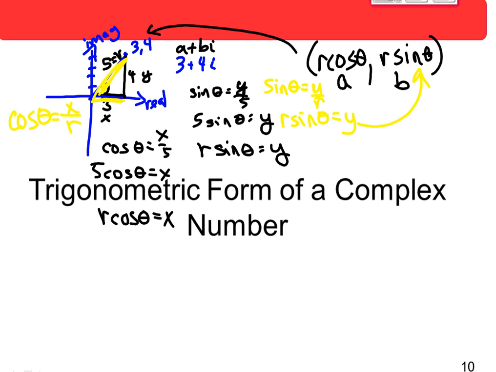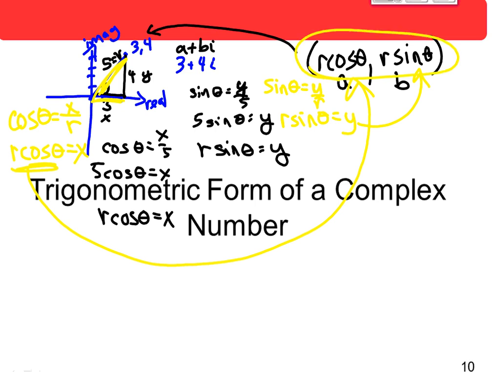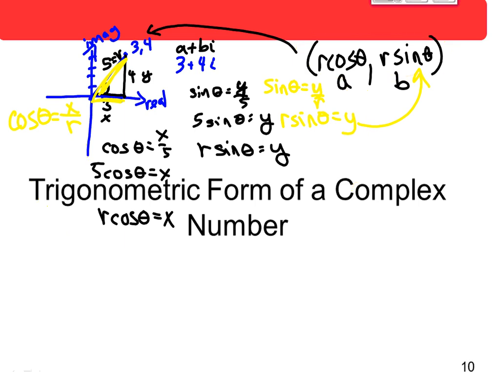This is a review of earlier work. So that means r cosine theta is equal to x. And we know from earlier work that coordinates of that point can be considered r cosine theta and r sine theta. That's what I just want to remind you of as we do this.